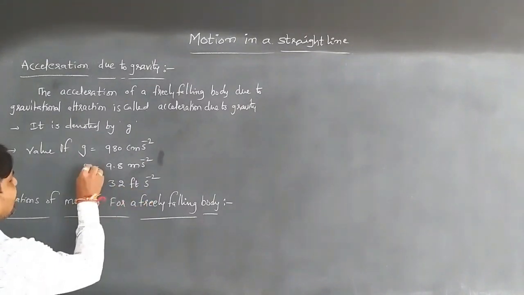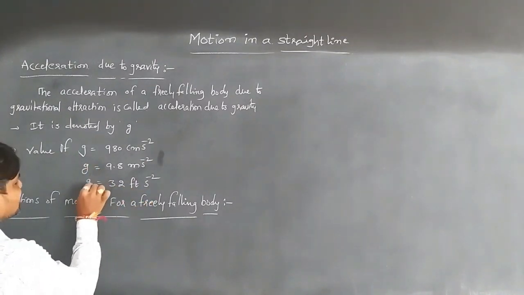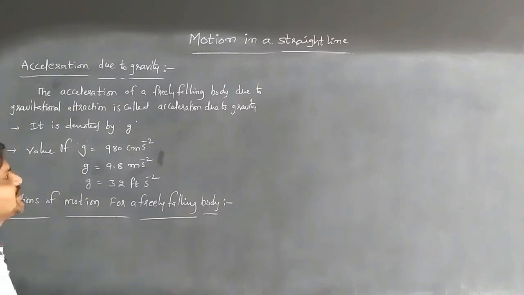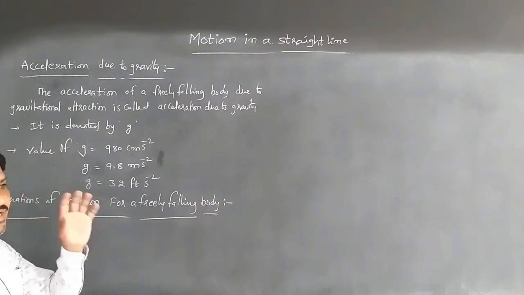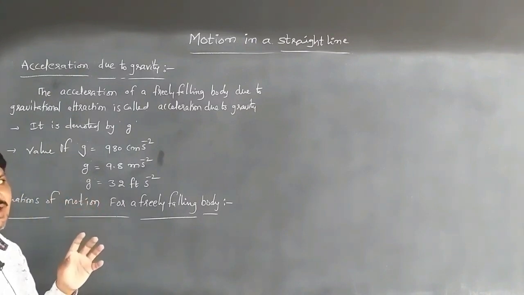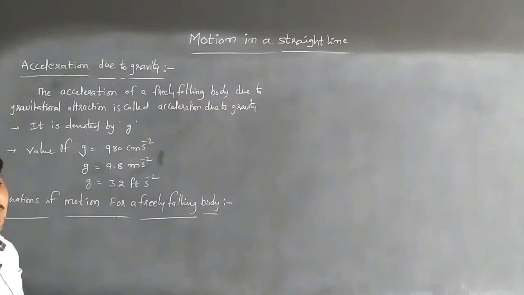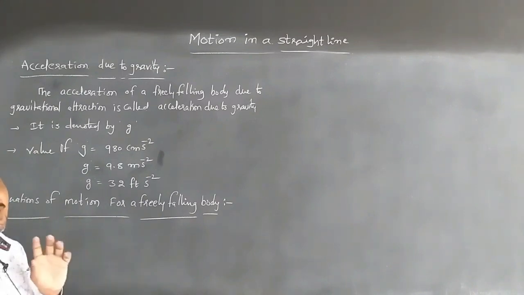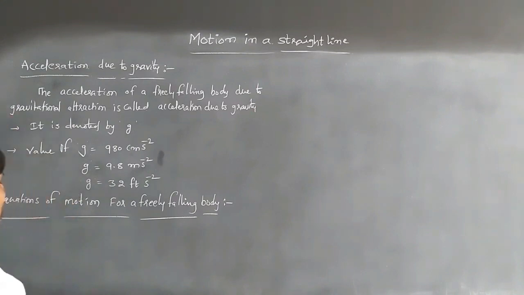These are the values of acceleration due to gravity whenever the body is falling freely. It increases its velocity, meaning it possesses acceleration. The acceleration of a freely falling body due to gravitational attraction is called acceleration due to gravity.